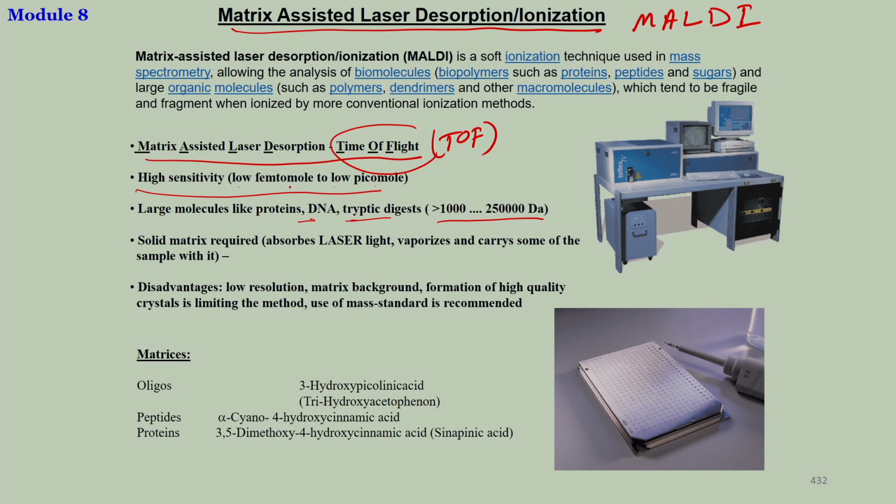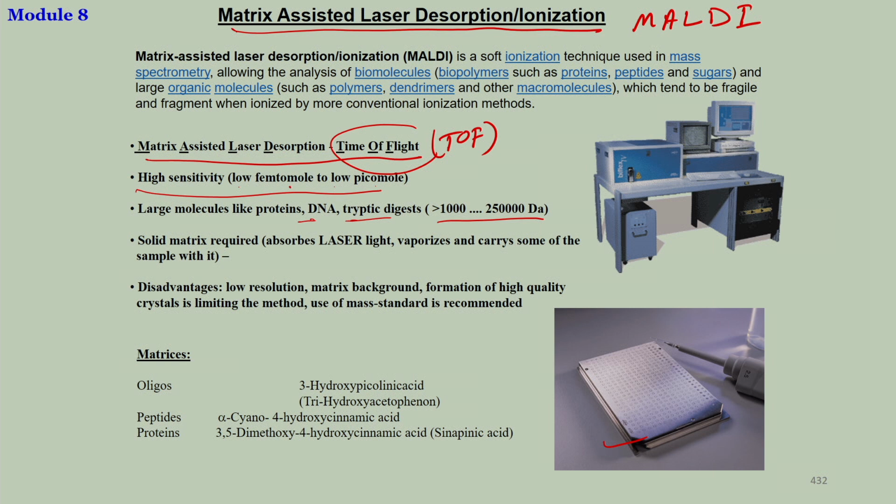MALDI is usually for large molecular weights, more than 1000 up to maybe 250,000 Dalton. It requires a matrix, that is why it is called matrix assisted.